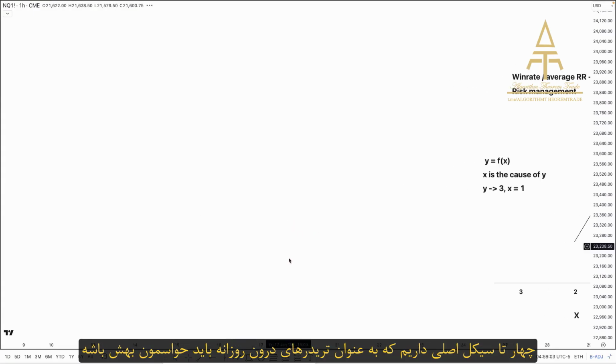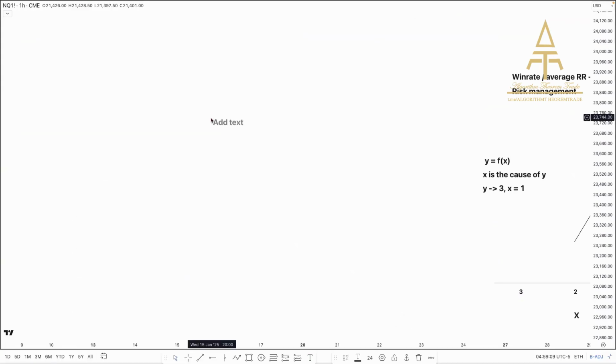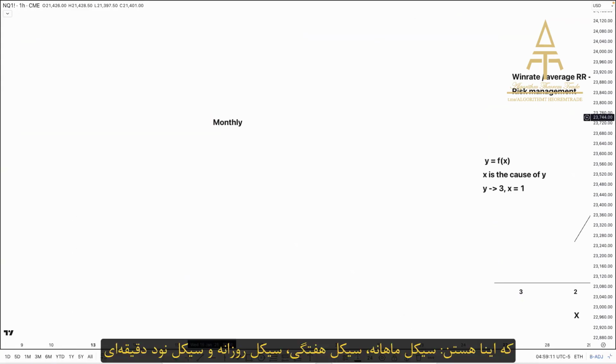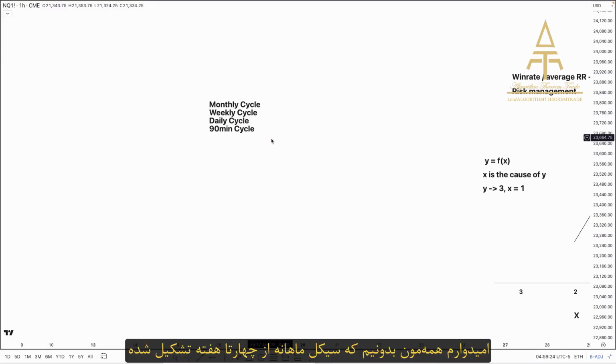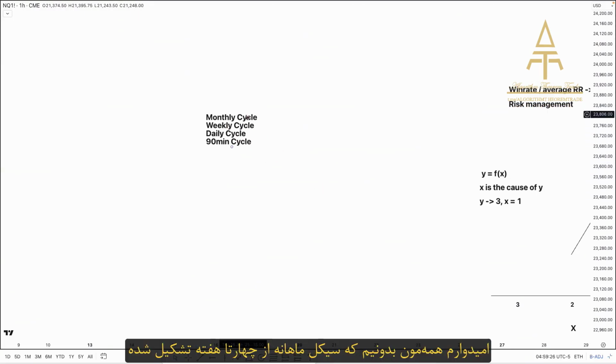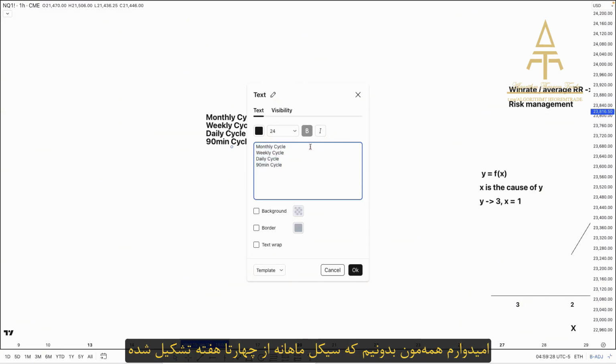So there are 4 main cycles that we will be paying attention to as intraday traders, and this is the monthly cycle, weekly cycle, daily cycle, and the 90-minute cycle. So hopefully we all know that the monthly cycle is made up of 4 weeks.